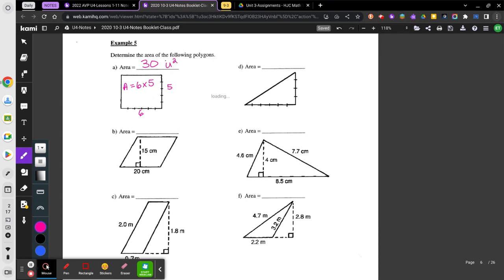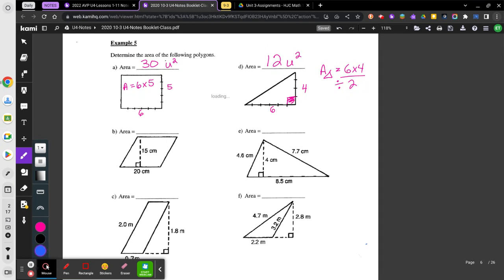The next one, whenever you've got a 90-degree angle, the base and height are always attached to the 90. Remember, you're never using a diagonal line. So this guy's a 6, this guy's a 4. Area of our triangle says multiply them, then divide by 2. That's going to give me 12 units squared.